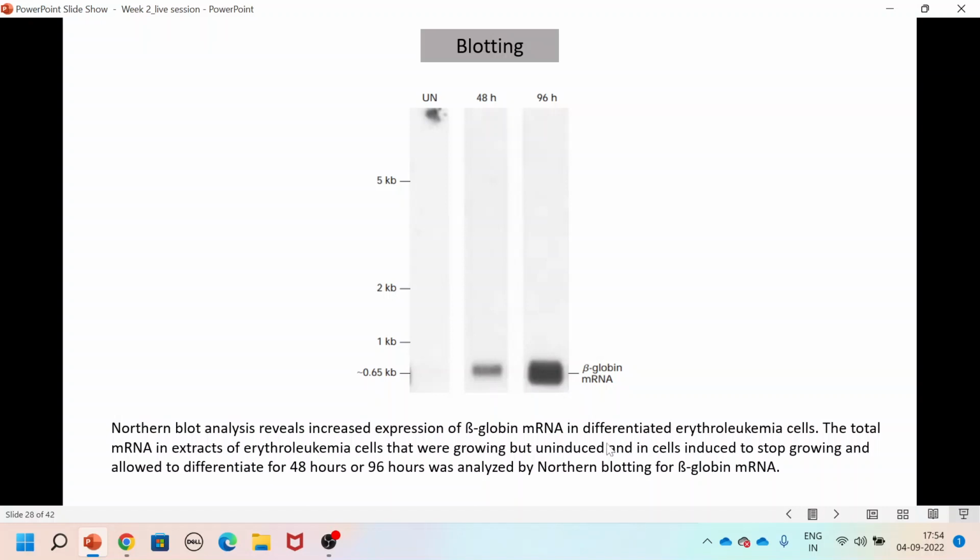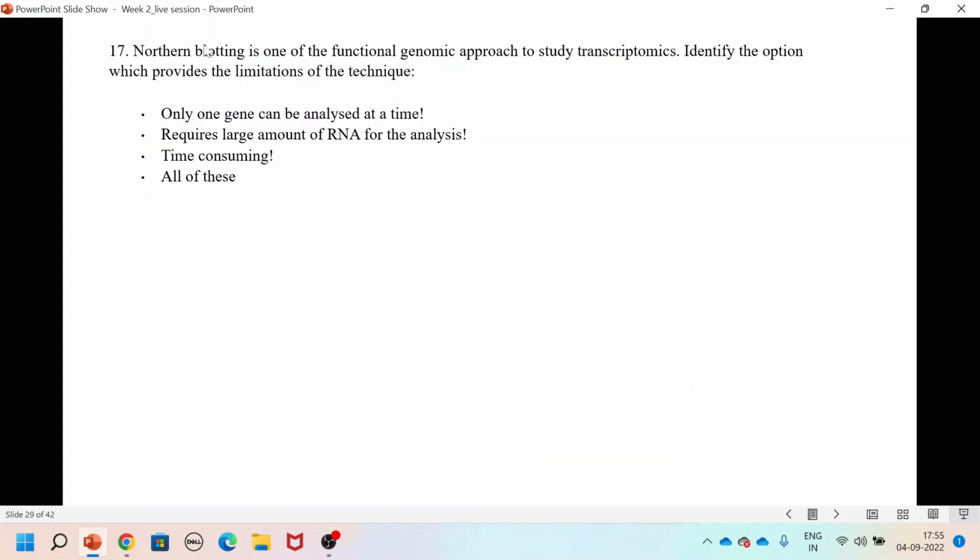For example, here we can see that at 96 hours, the bandwidth which we have obtained is large as compared to what we have obtained at the 48 hours time point, and therefore we can say that by 96 hours, there is an increase in the beta globin mRNA in the differentiated erythroleukemia cells.